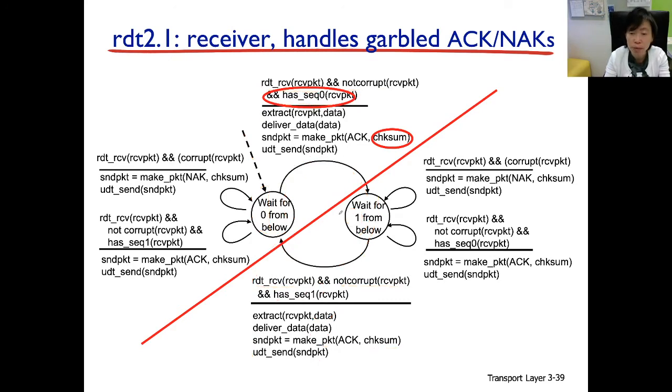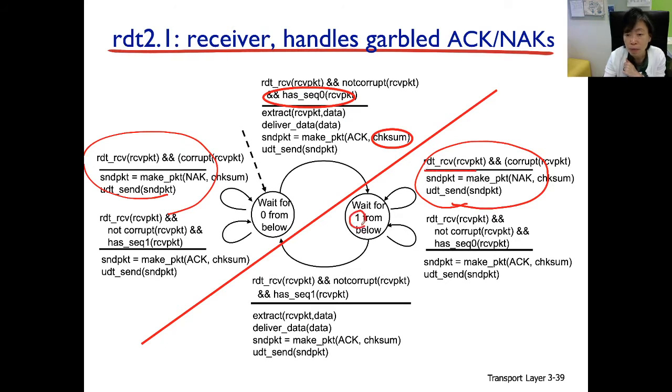Now, what if there's data corruption as in RDT 2.0? That's where we begin to see these transitions showing in the receiver side of RDT 2.0. This is the case when we are expecting 1, but we get corrupted data. Then we say, hey, the data is corrupted.